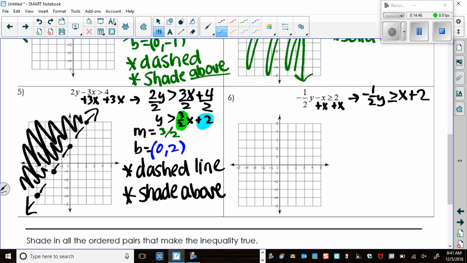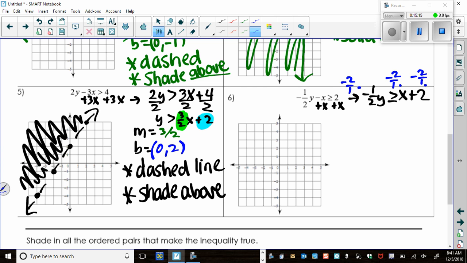Now, in order for me to move this over, I can divide by -1/2 or multiply by -2, which is the reciprocal. Remember, reciprocal is when you flip the numerator and the denominator. So really, I'm going to be multiplying by negative 2 over 1 to every part of this.